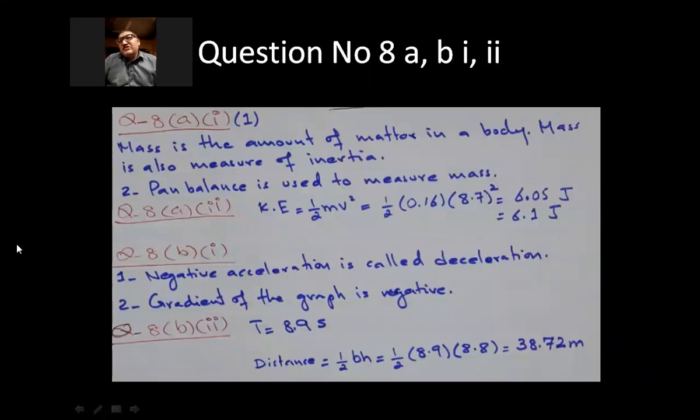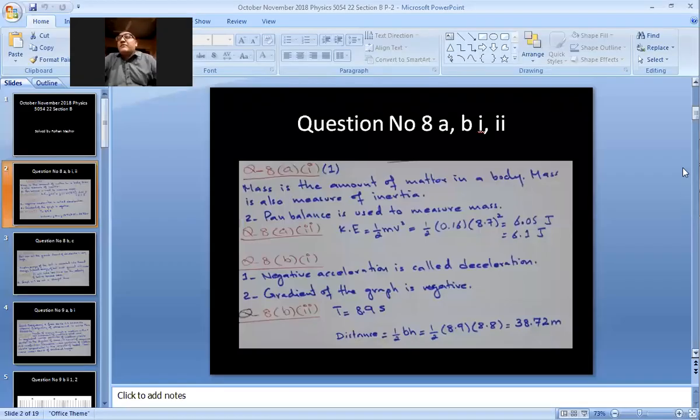And the distance will be equal to 1/2 base into height, 1/2 into 8.9 into 8.8, and 38.72. That is the distance traveled, 38.7 meter. I hope you have understood how we find the distance traveled by the velocity-time graph, the area under the velocity-time graph.